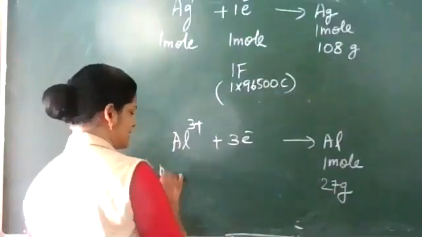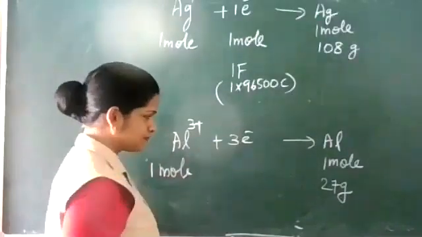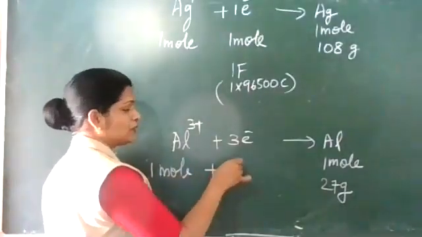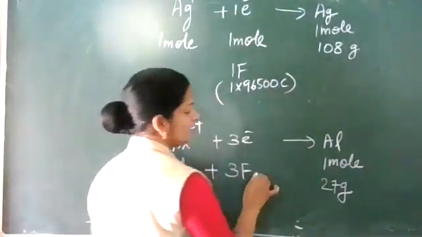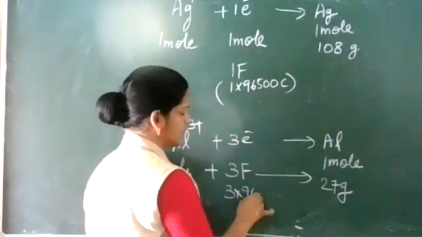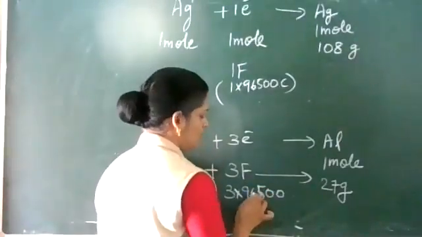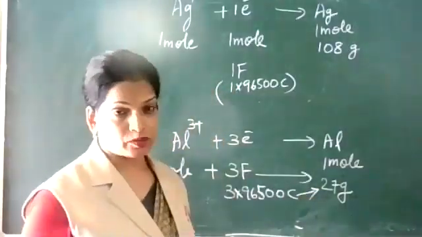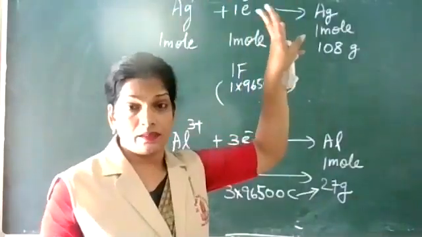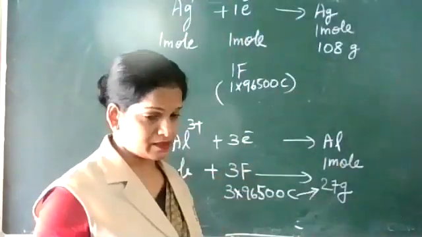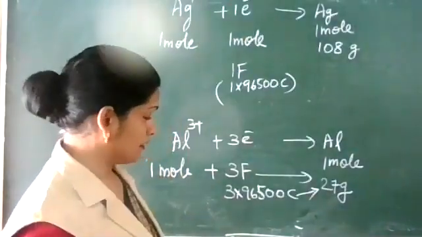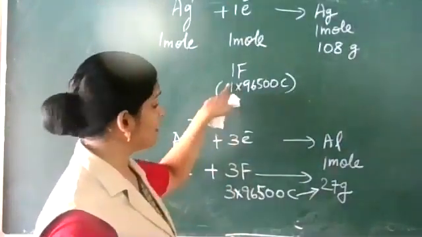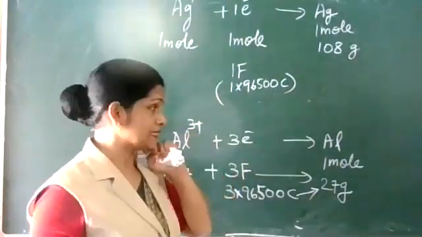That means I have to consider 1 mole of Al3+. So here, how many Faradays? 3 Faradays, 3 into 96,500 coulombs will give you 27 grams, provided all other required conditions are present, meaning that much amount of impure metal is present. So this is the relation: 3 Faraday, 1 Faraday, 2 Faraday, like this.